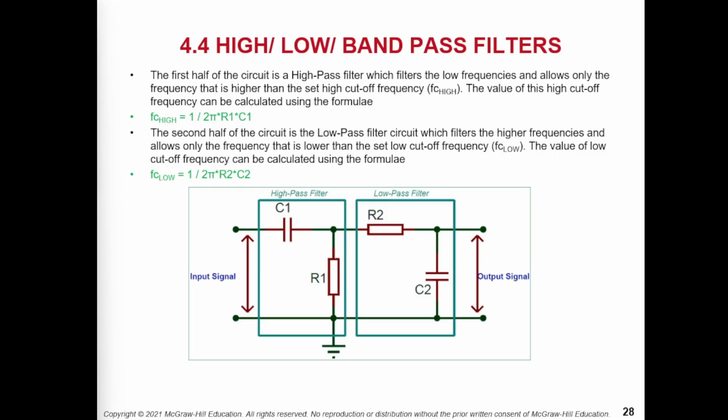So for the high pass filter, it becomes R1C1. Sorry, R1C1. And this will become R2C2, because this is R2C2 for the low pass filter, right?